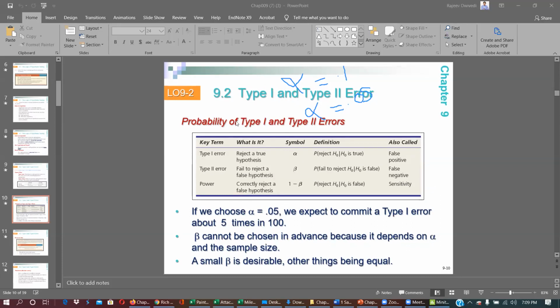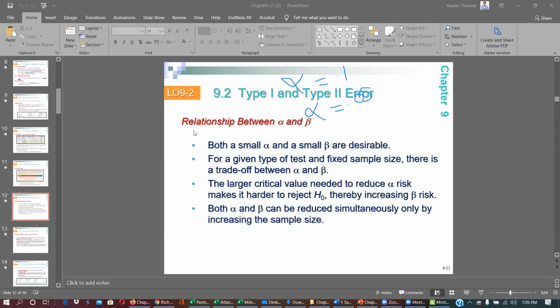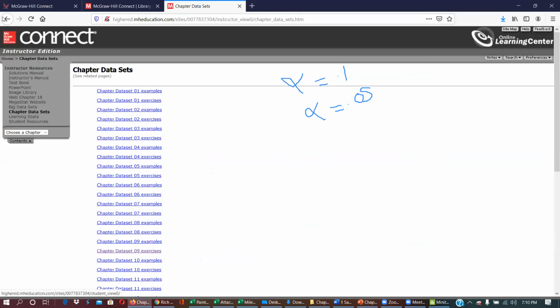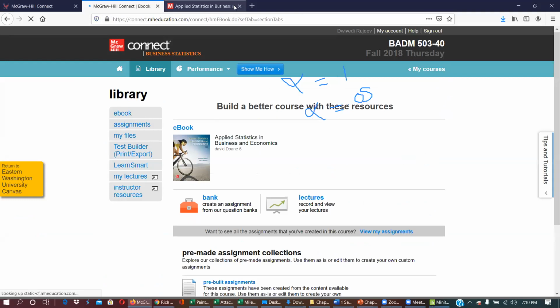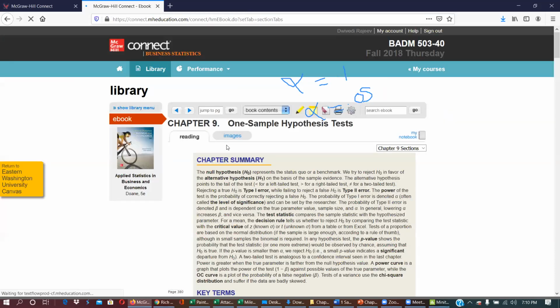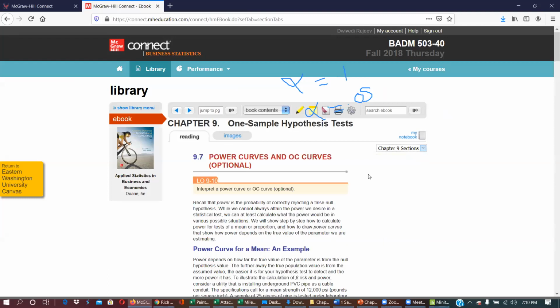So basically, you can just think about this. Practically it is this, but theoretically, let me show you. There is a lot of statistics in that, and I go on this ebook to power curves, and this is called power curves.